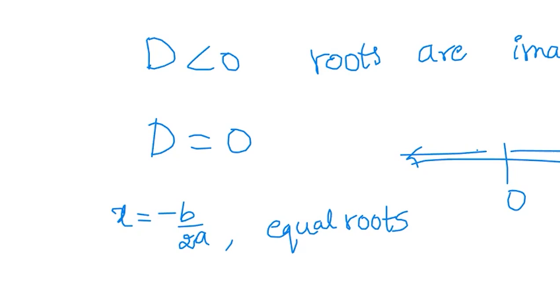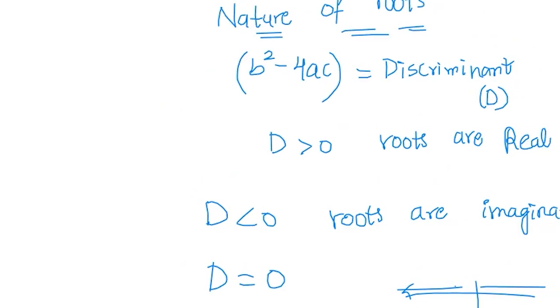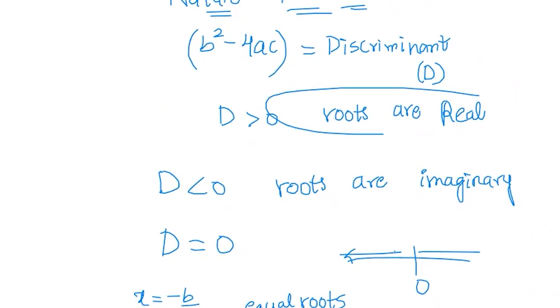Is minus b by 2a a real number? Yes, this is a real number. So equal roots and real numbers, correct? But here also it is a real number.